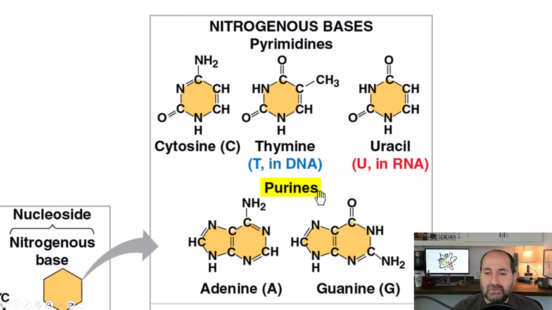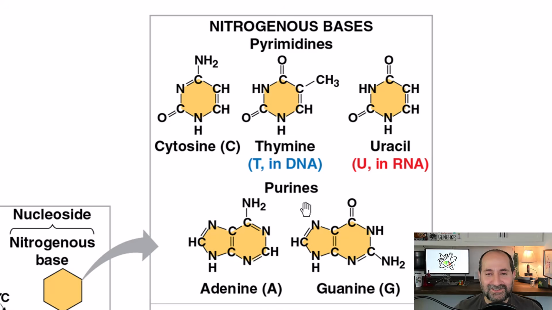So I may ask you, which ones are the pyrimidines and which ones are the purines? Do you want to know how I remember it? You know how I have silly ways of remembering things, right? And this one's silly. So bear with me, buckle up, because I'm going to take you on a mental journey to remembering the pyrimidines and the purines.